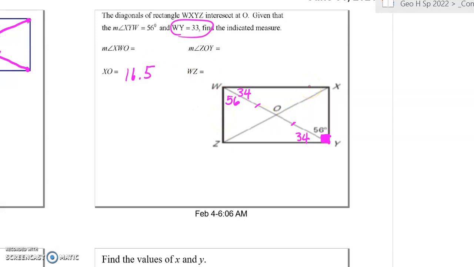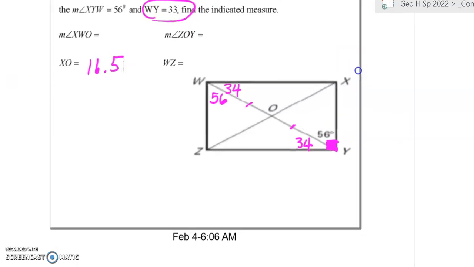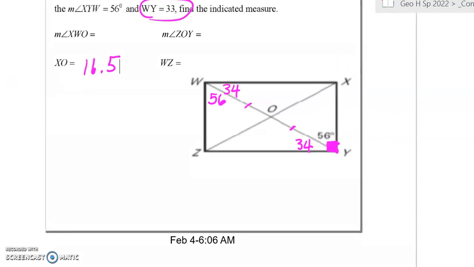That's as far as we get with the properties of a rectangle, but there's something we need to think about. The diagonals are congruent, which means these are the same and so are these, which then creates in here what type of triangle?